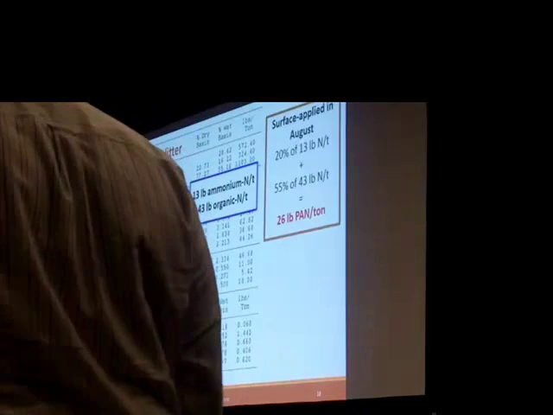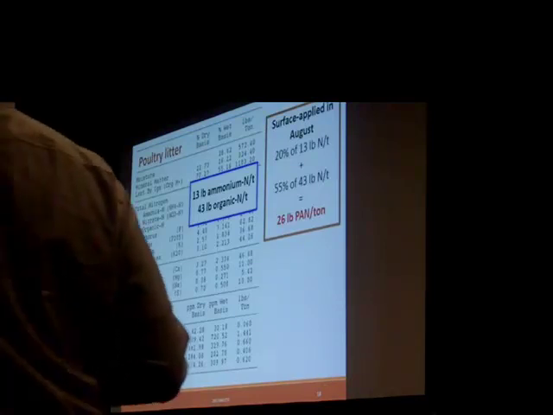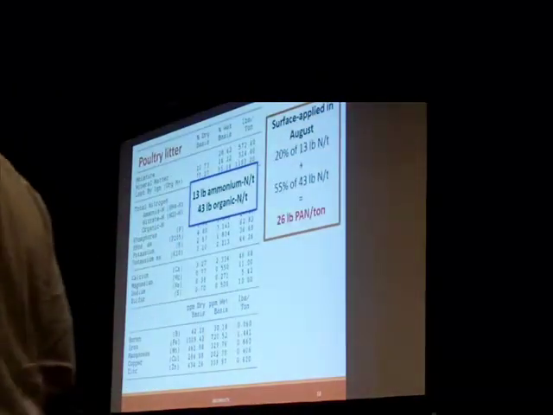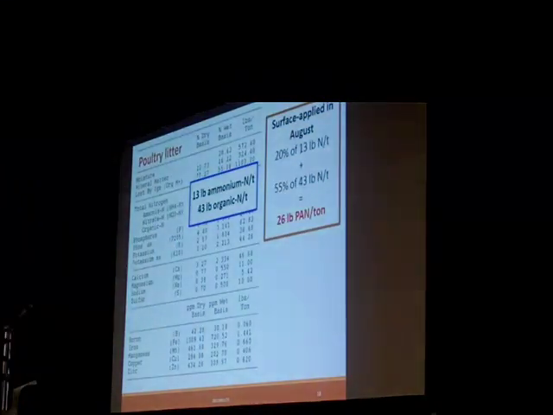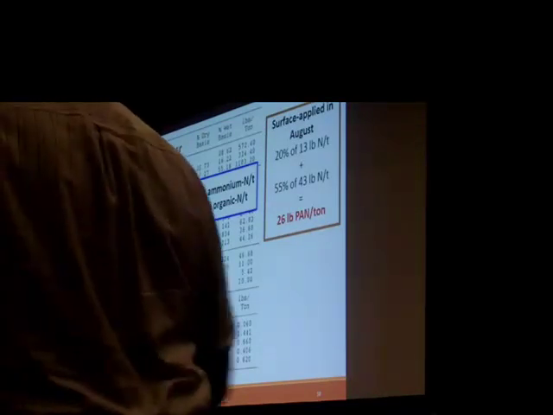And we're going to put it out in August after wheat. And we're only going to capture about 20% of the ammonium nitrogen and about half of the organic nitrogen. So our plant available nitrogen content is only about 26 pounds of plant available nitrogen per ton. That's an estimate. It can be higher than that. It can be considerably lower than that, depending on what happens between August and May.